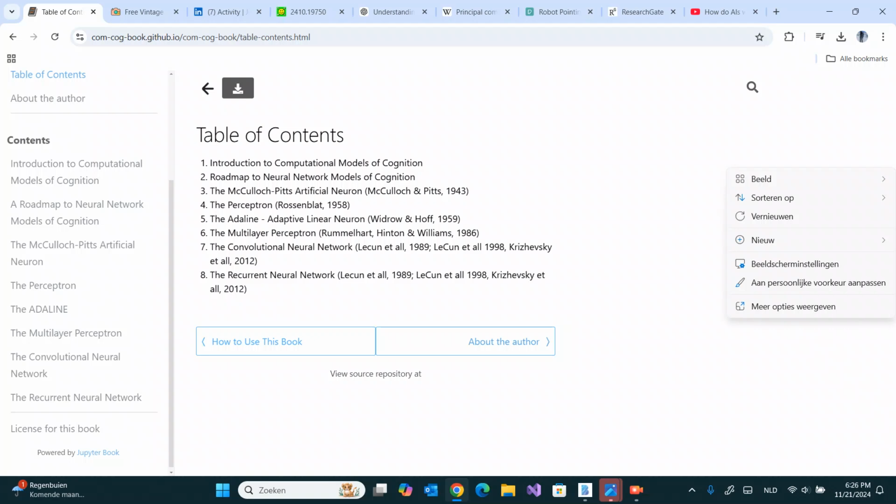Based on that, the perceptron, which was basically a machine implementation with an IBM computer and sensors and so on, implementing that concept of an artificial neuron.